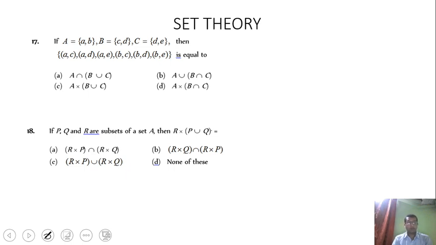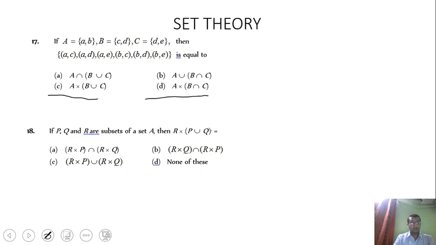Since ordered pairs are defined, it is a Cartesian product, so it is option C or option D.